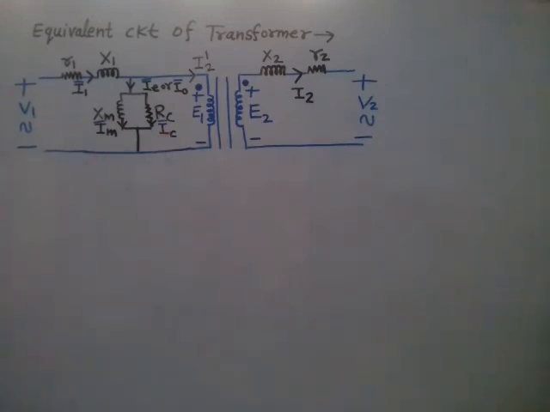So by the ratio of number of turns, the turn ratio, you can refer the quantities of one side to the other side.